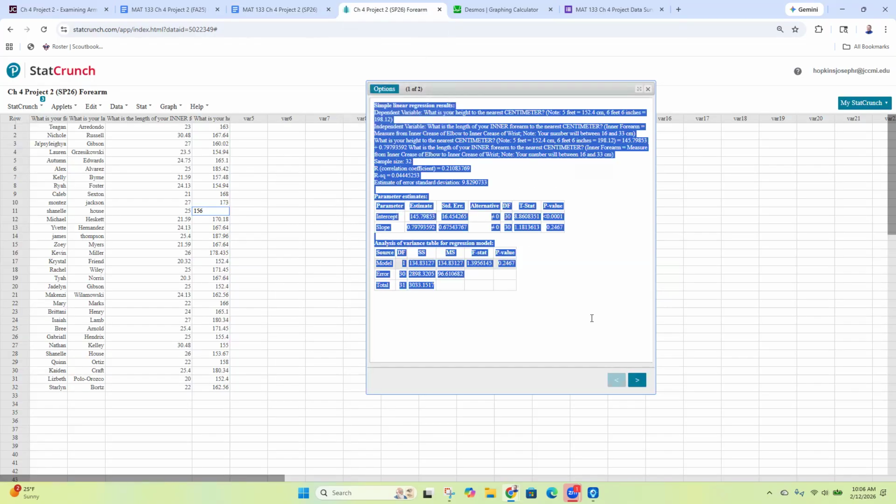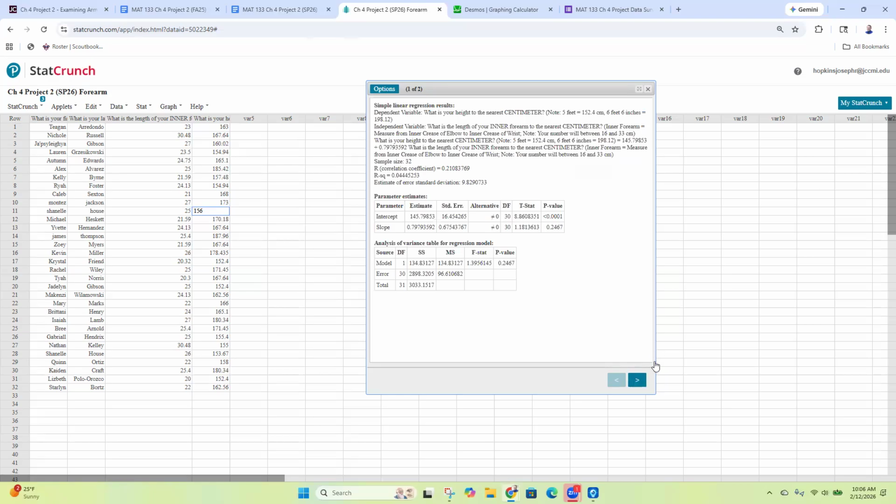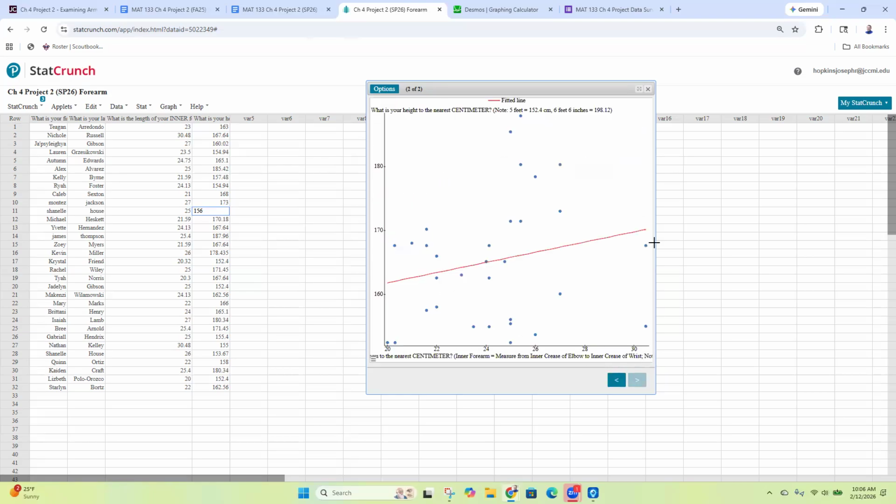So let's go back to StatCrunch. There's an arrow in the lower right-hand corner of your results. If you click on that, it will show you the dots with the line drawn through the middle of it. If you did fix that outlier, you should have a line that's going up, a positive slope.